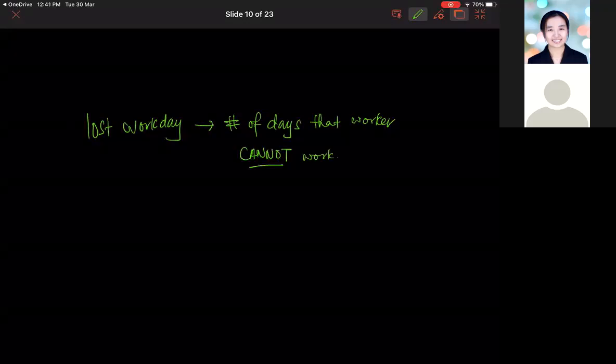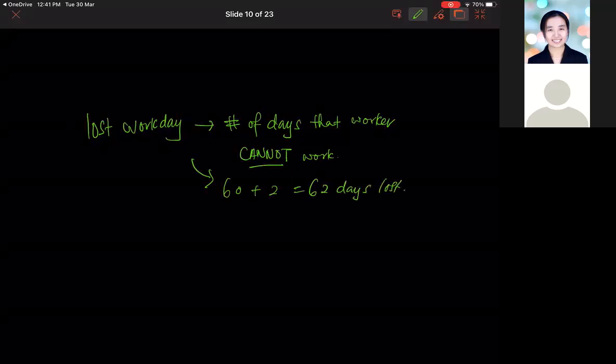Meaning if the person's injury means they are in hospital or having MC, so if the person is hospitalized for 2 days and MC for 60 days, the number of days that the worker lost is 60 plus 2 in the hospital, so a total of 62 days lost.